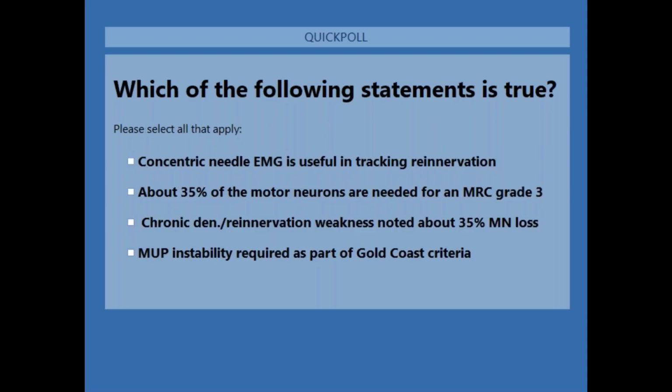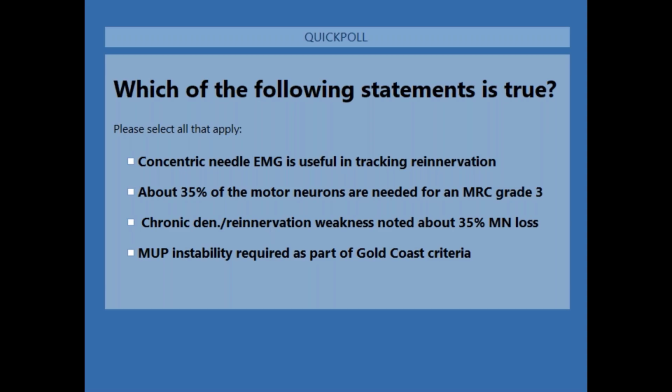All right, well, this is my answer. Maybe I'm going to fail. I'm going to say that chronic denervation, reinnervation weakness is noted at about 35% of motor neuron loss. As I just said before, it's a selective recording, so it's not useful in tracking reinnervation in the sense of +2 duration versus +3 duration.